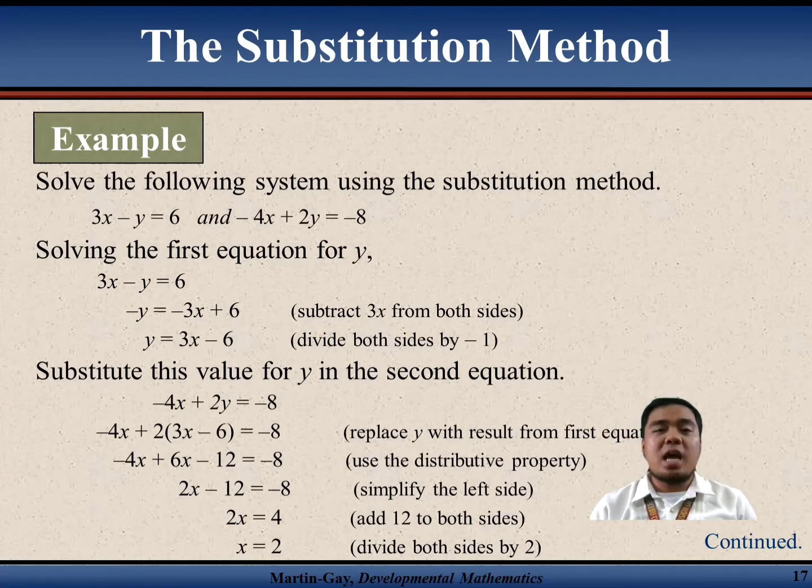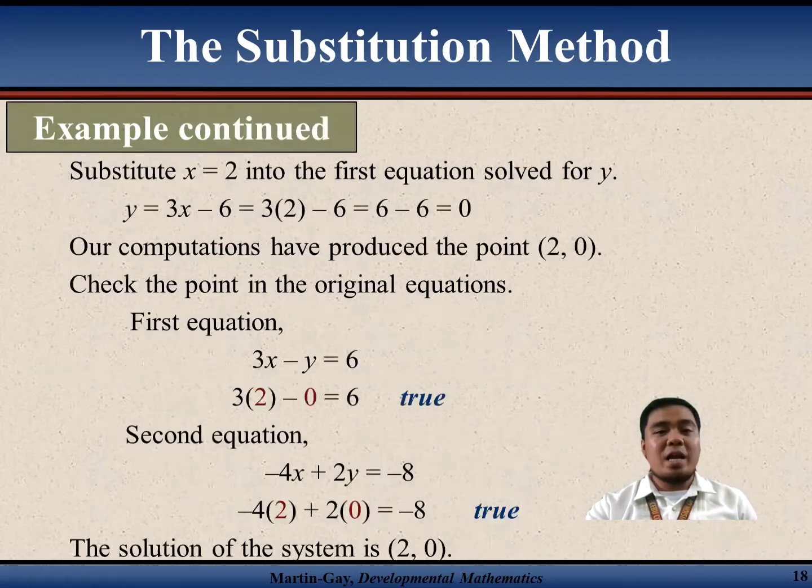So I can say that the value of x is equal to 2. So I already have the value of the first variable x, which is equal to 2. What I am going to do is substitute that into equation number 3 to get the value of the variable y.